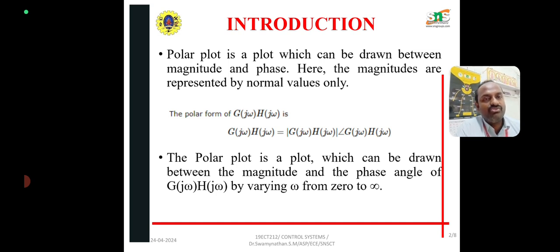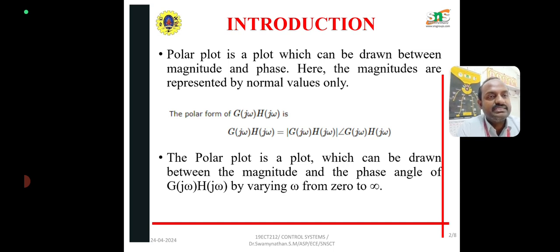The polar form for G(j omega) H(j omega) is the modulus of G(j omega) H(j omega) and the angle of G(j omega) H(j omega). This is a plot drawn between the magnitude and phase angle of G(j omega) H(j omega) by varying the omega value from 0 to infinity.